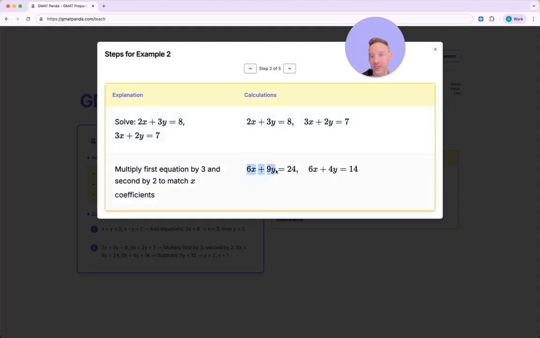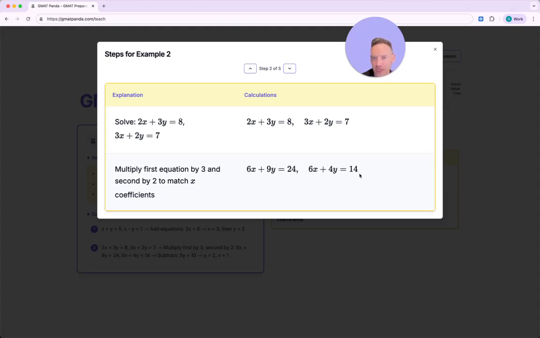So in this case, we're left with 6x plus 9y equals 24. And for the other equation, we do the same thing, but we multiply by 2 rather than 3. And that gives us, so 3x times 2 is 6x, 2y times 2 is 4y, 7 times 2 is 14.